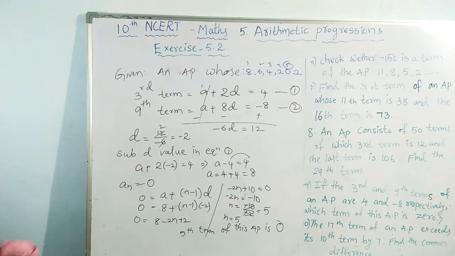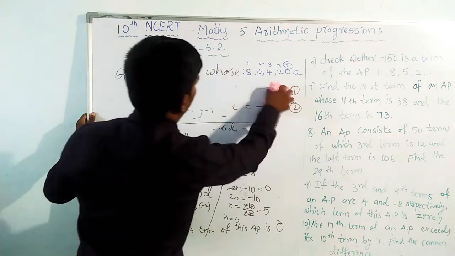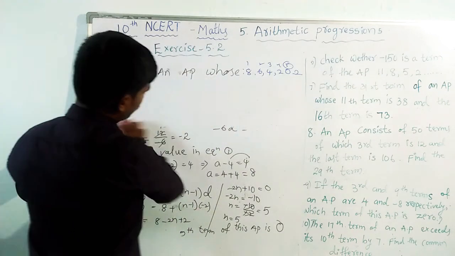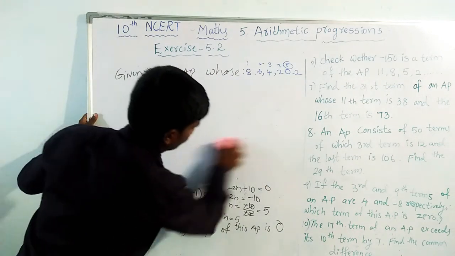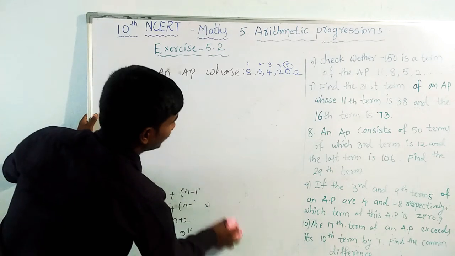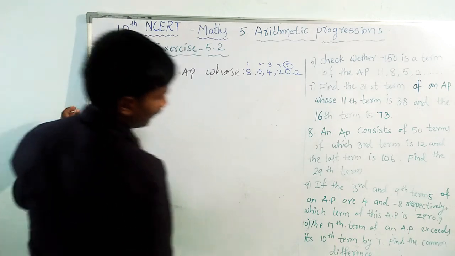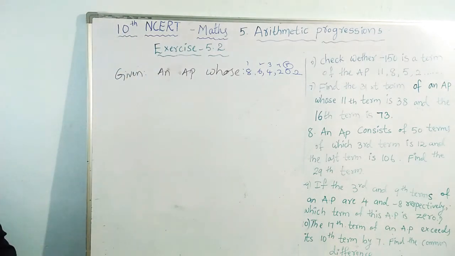Next, see the 10th problem. The 17th term of an AP exceeds its 10th term by 7.